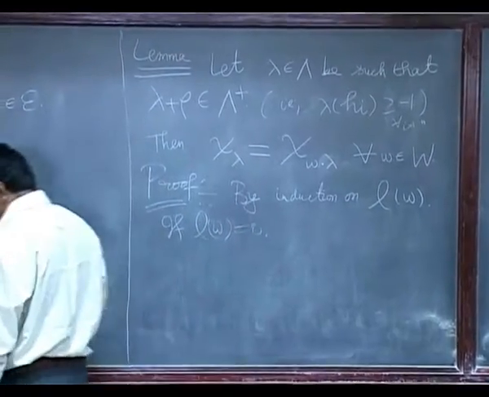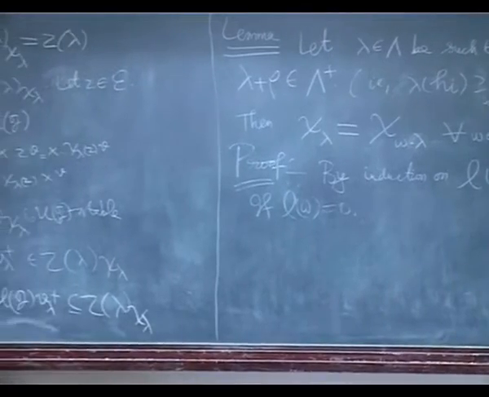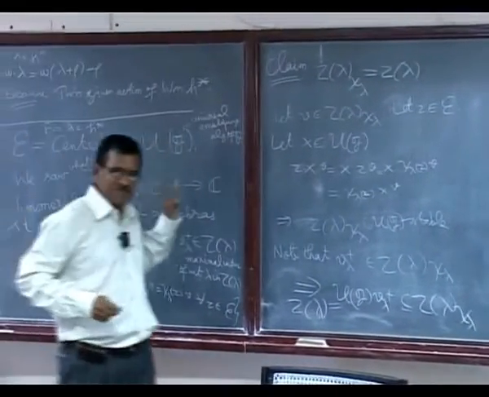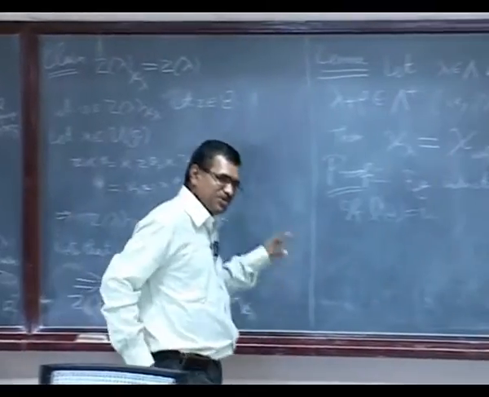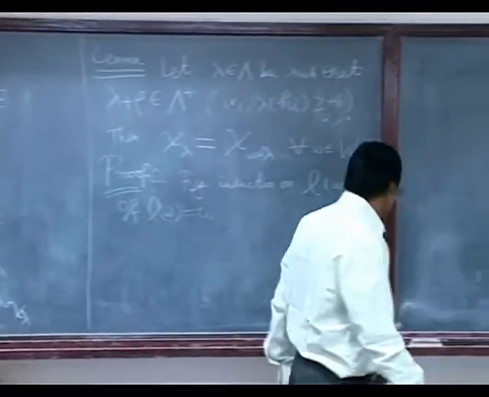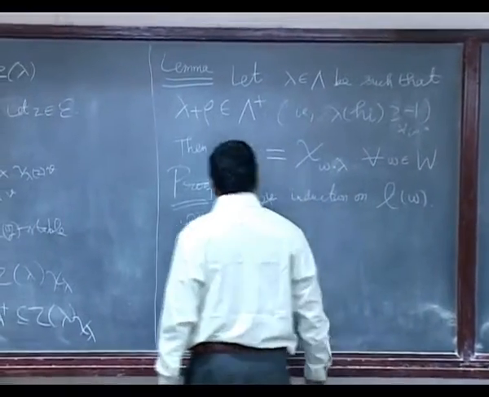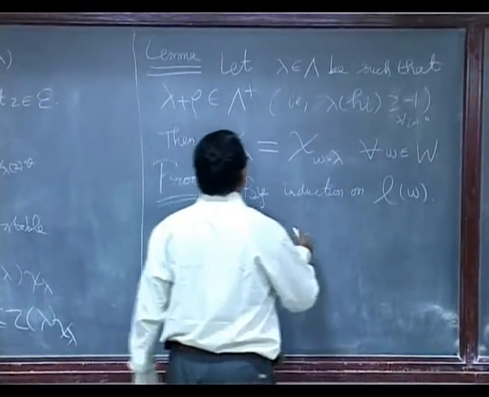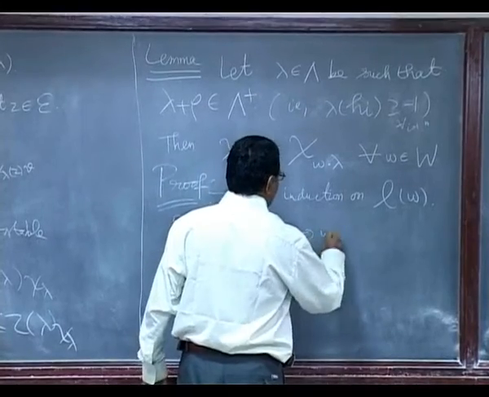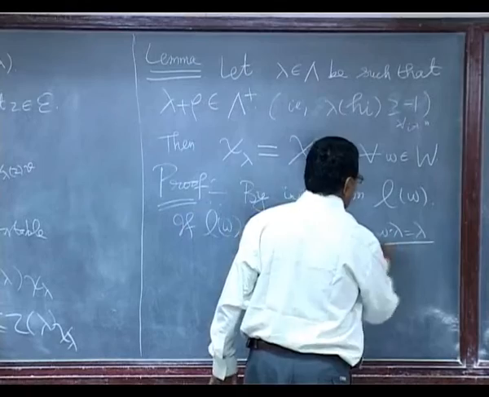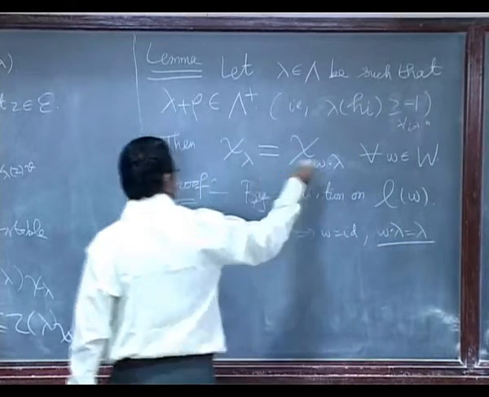I start with 0, because if I start with 1 you could see the proof when I go to n plus 1 is the same, so I do not want to repeat it. I will leave that as an exercise, so I can start with index 0. That implies w equals identity, therefore w dot lambda is the same as lambda, and there is no problem.